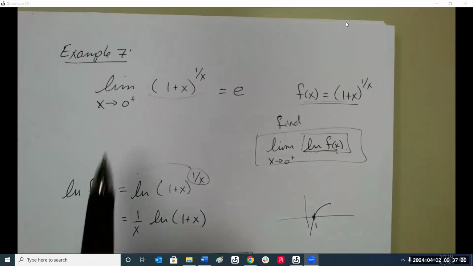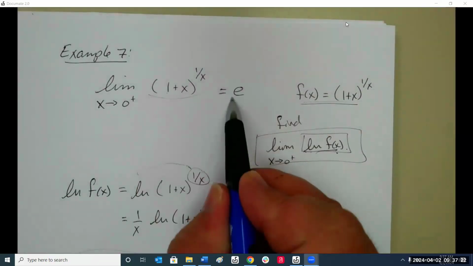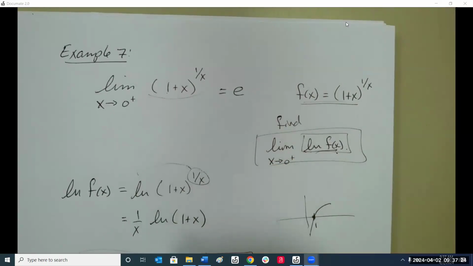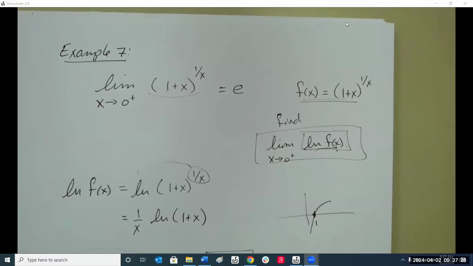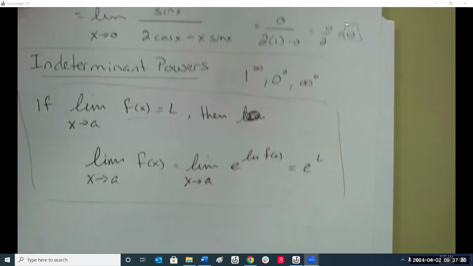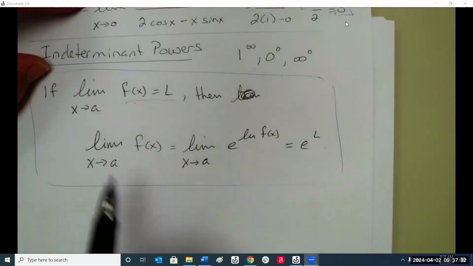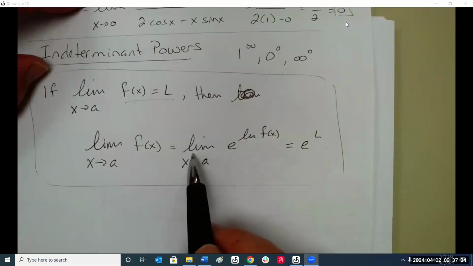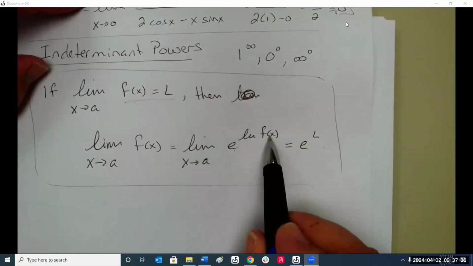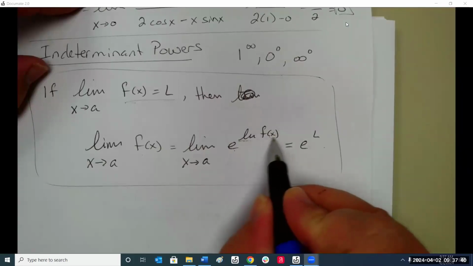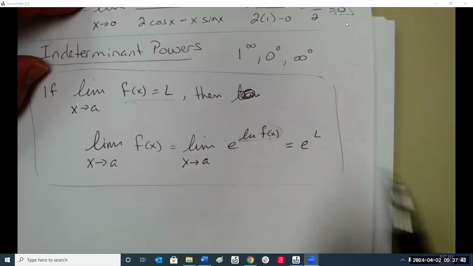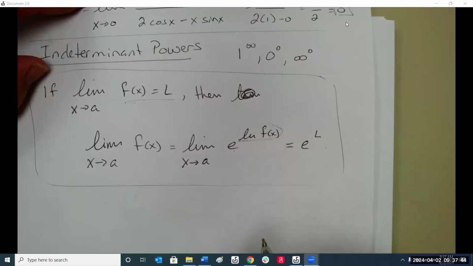We're asked to show that the limit of this is equal to e. Go back to the rule: the limit of f of x is the limit of e to the ln f of x. Didn't we just find the limit of ln f of x? Which is what?